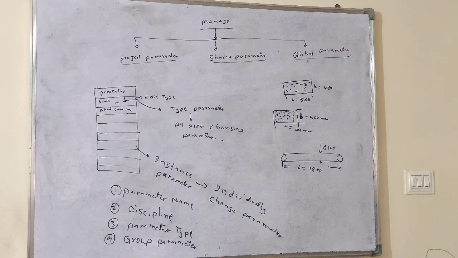This is the information we can give by using instance or type, and we have to decide. Some parameters we require to change all at a time, and then you have to go to edit type parameters. If you want to change some parameters only individually, only for particular entities, then you have to go to instance parameters. So these are the differences between instance and type.